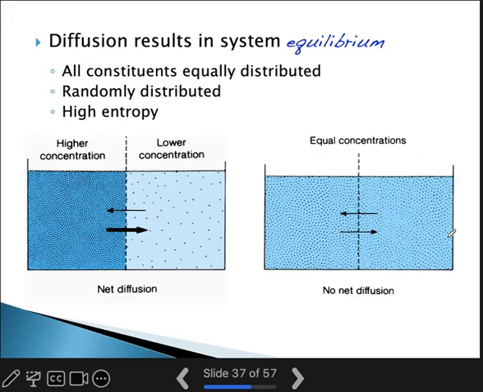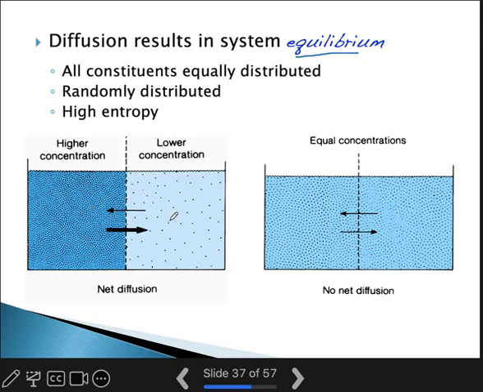All right, so diffusion results in equilibrium if we allow a system to run for long enough. If I'm looking at this system, I start off with more particles on one side of this beaker than the other. This is organized. It's taken some energy to make sure that there are more particles on this side than on the other.